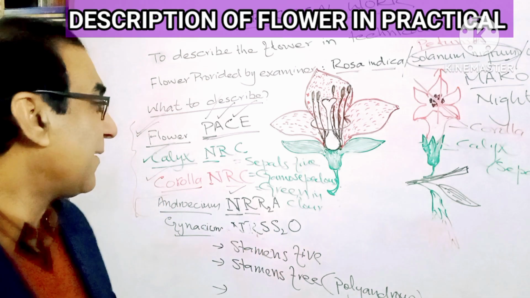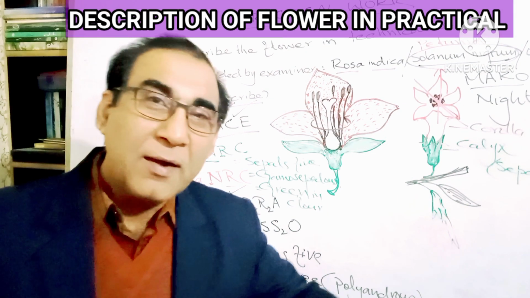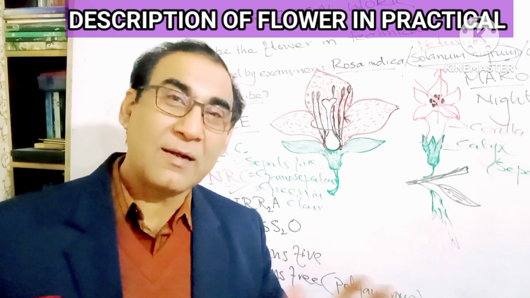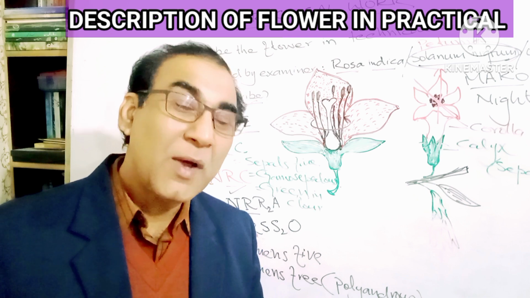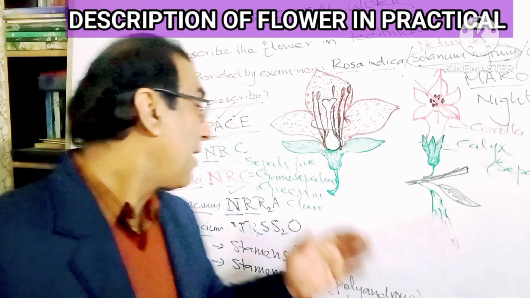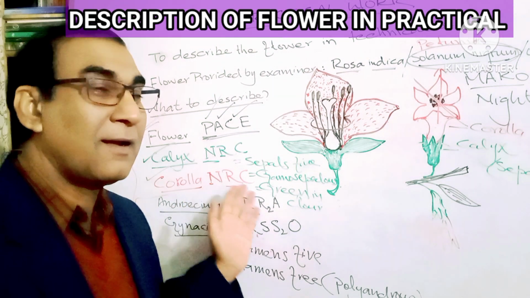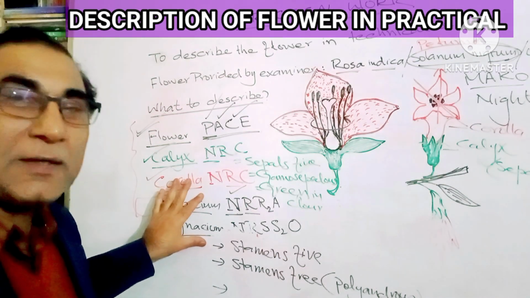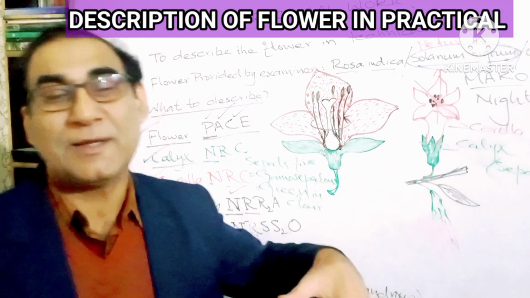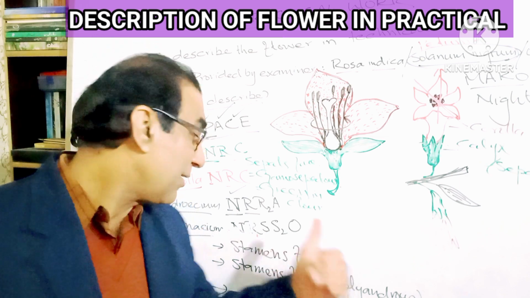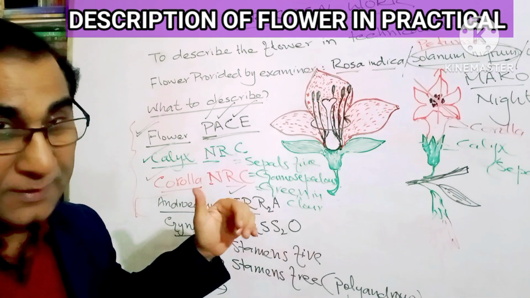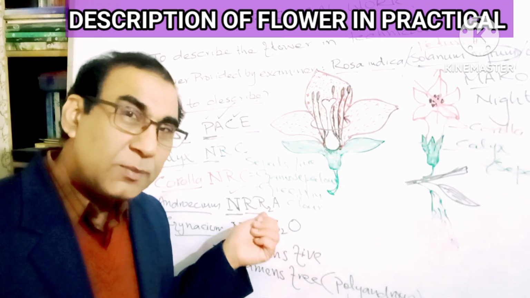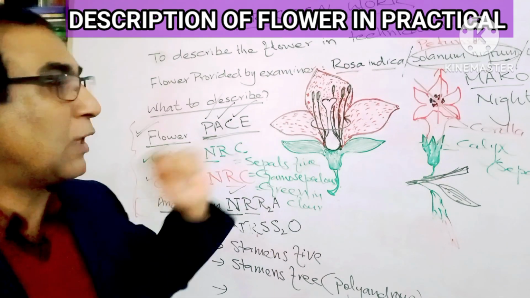The reason is that calyx and corolla have nothing to do with it, because they are non-sexual parts. These are the sexual parts, so you have to take into mind that their relationship has to be studied. It's necessary. So R2 means what sort of relationship it has with the corolla.